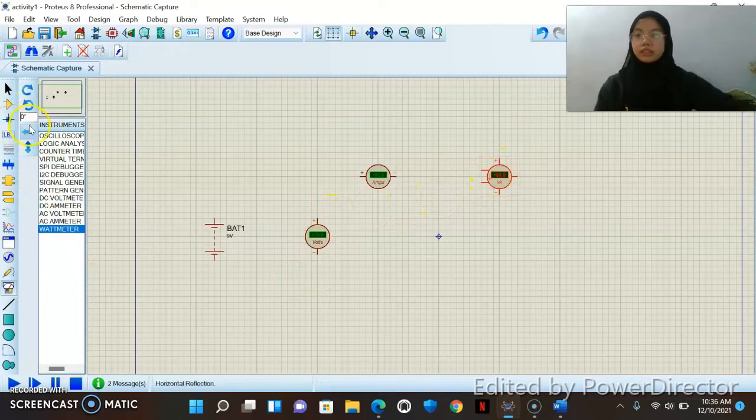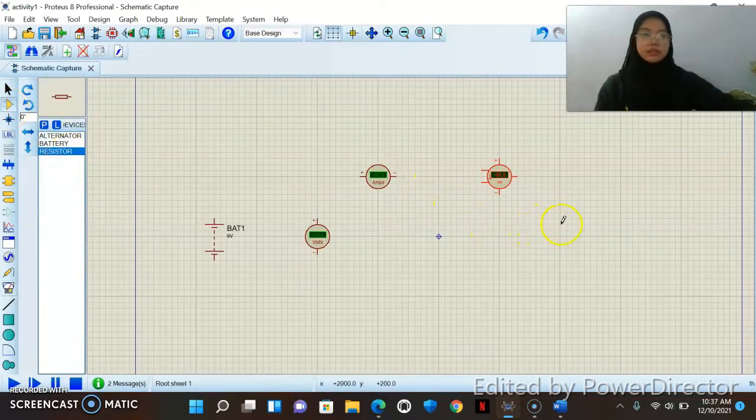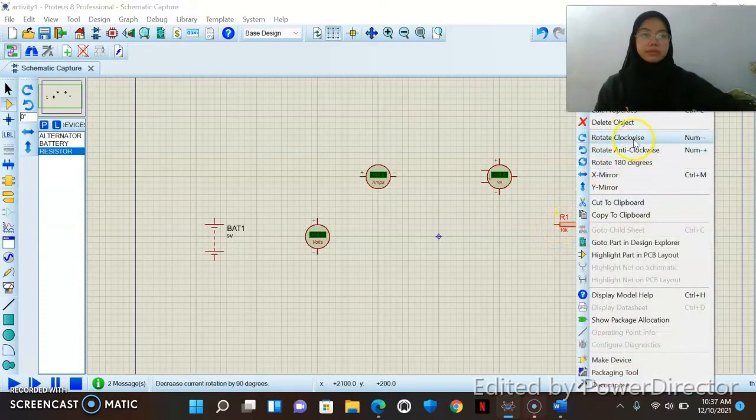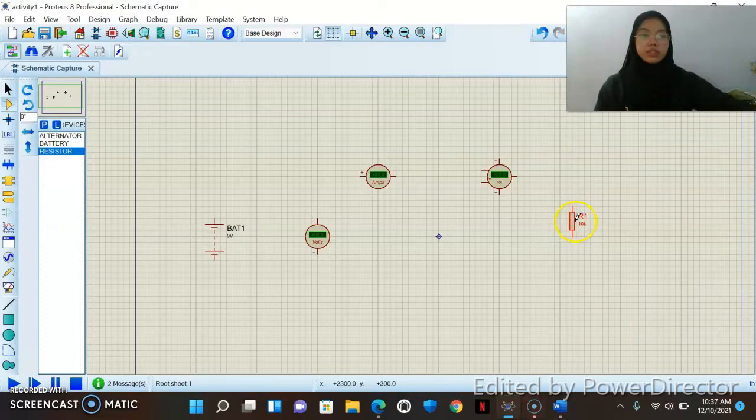The last component is the resistor. Then we just connect it all.